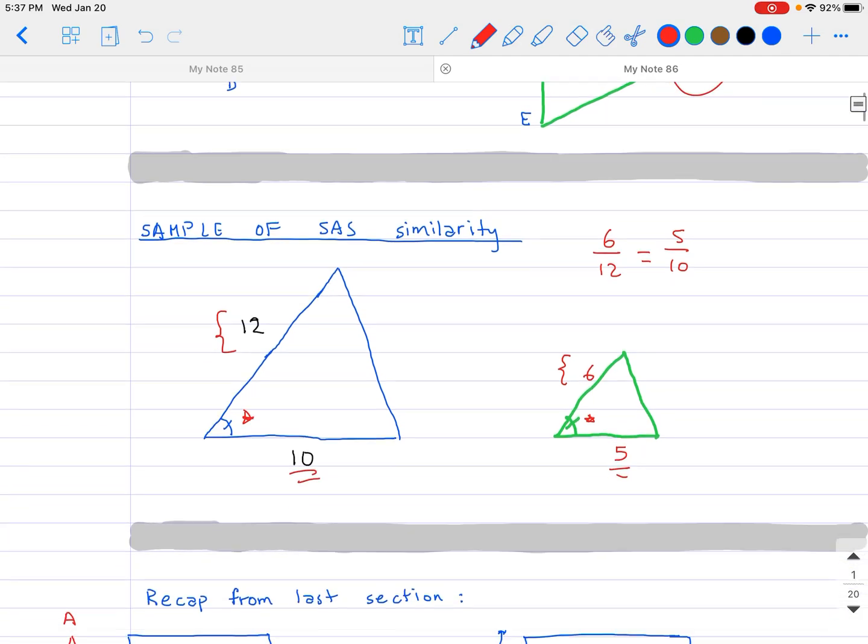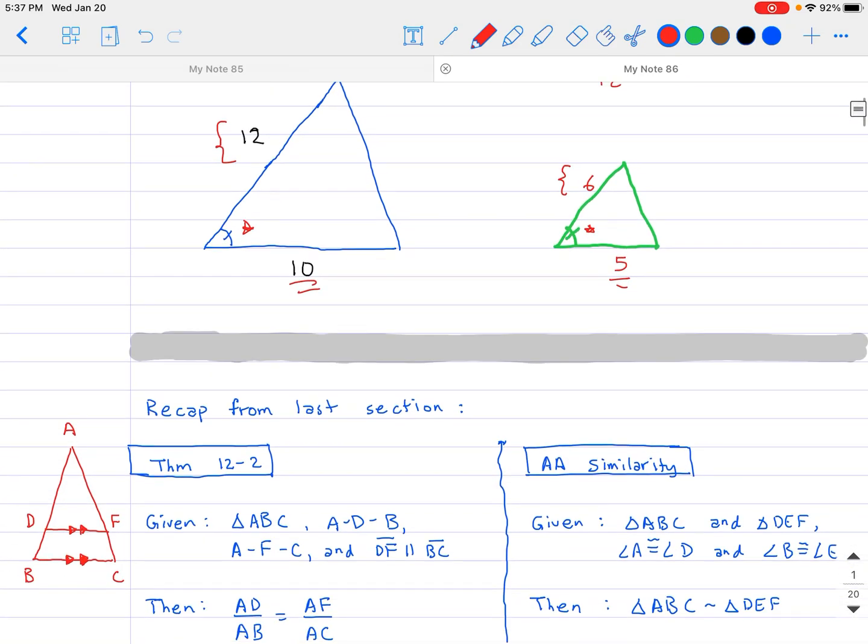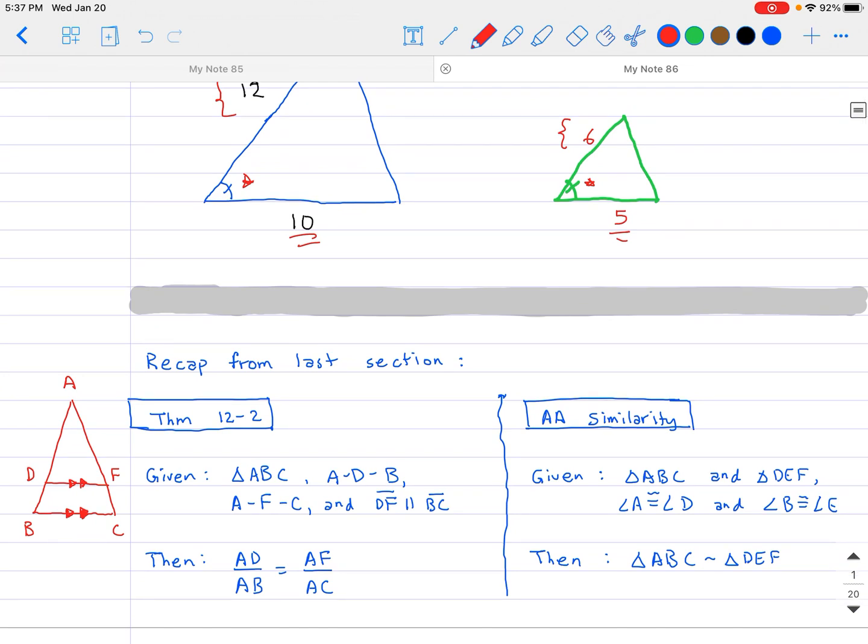All right, so before we actually prove them, we need to recap a little bit from the last section, so that you can see how we can prove this stuff using the stuff from the last section.